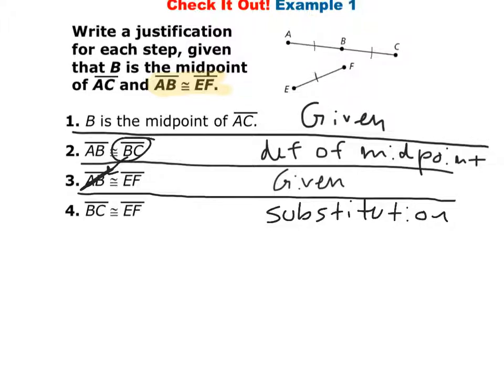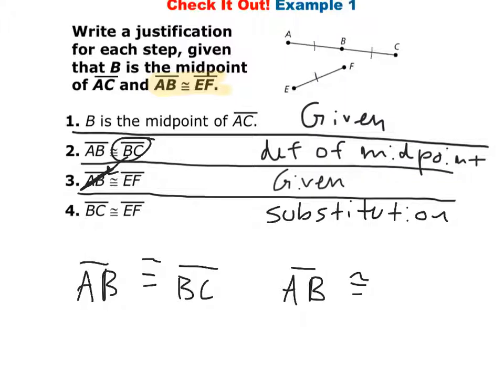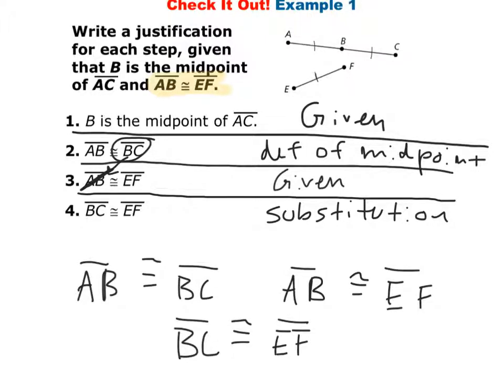If we said that segment AB is congruent to segment BC and segment AB is congruent to EF, then BC is congruent to segment EF. Could it be the Transitive. So step 4 could either be substitution or transitive.